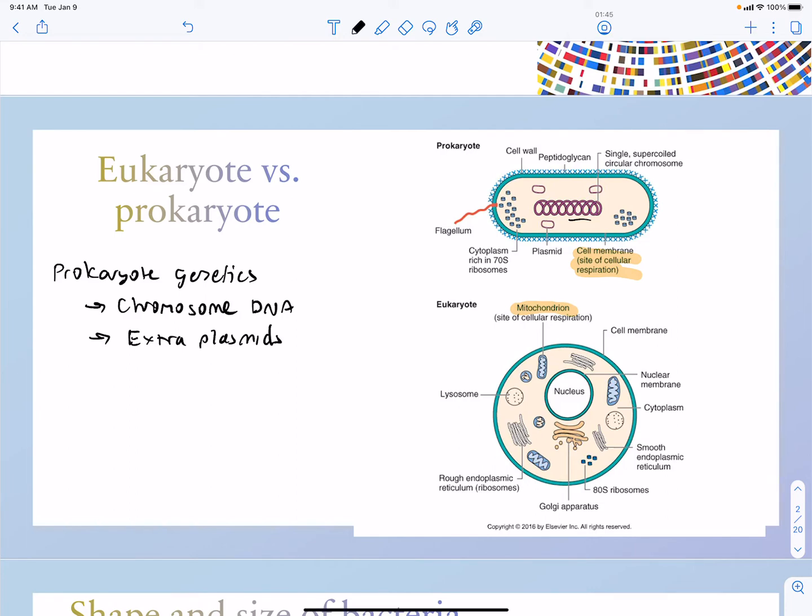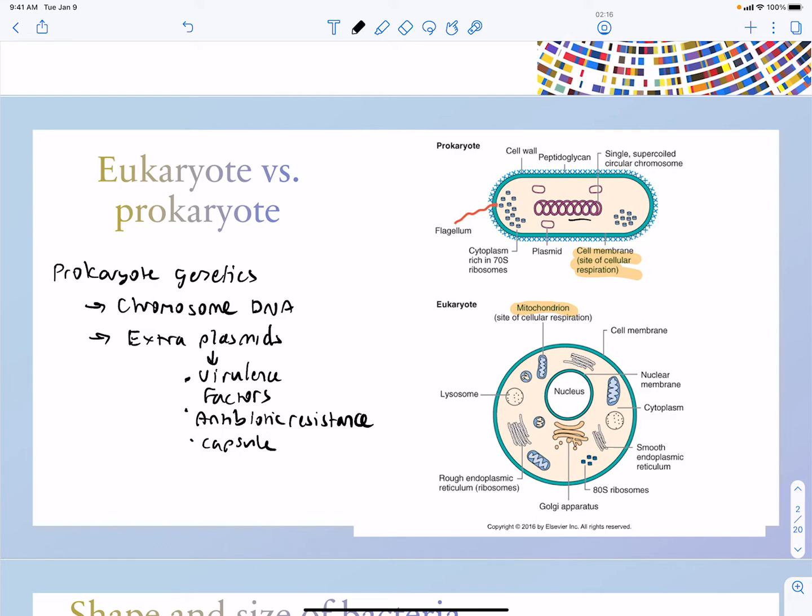And these plasmids typically are going to have virulence factors. And they can have antibiotic resistance. They can encode for a capsule, for example. So these extra plasmids are really going to help bacteria gain properties that enable them to survive better.